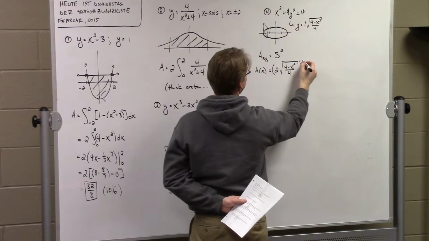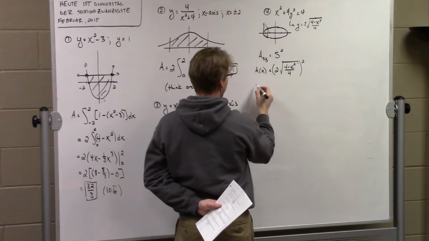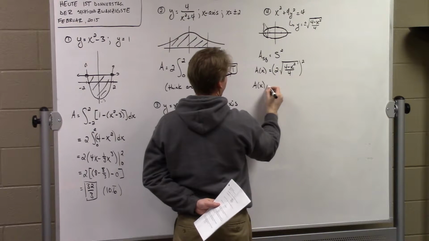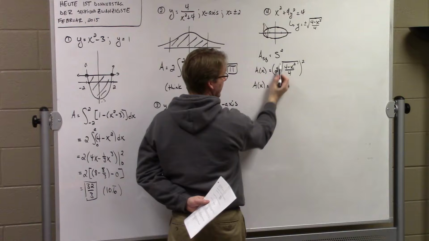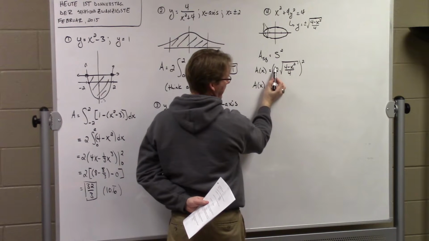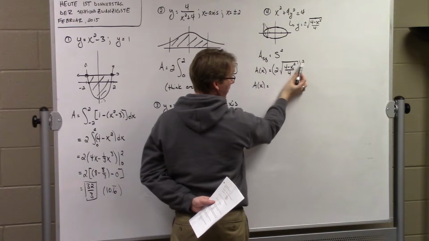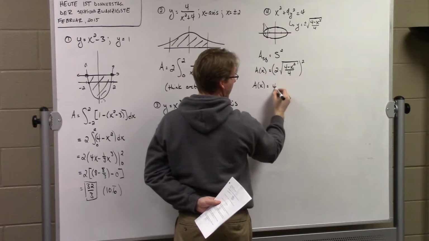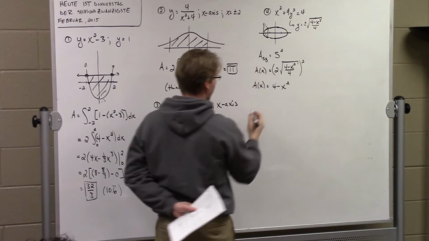So side squared. Now watch what happens if you clean it up. That's going to square and get a 4. The square root gets knocked off, so you have a 4 on top and a 4 on bottom. That cancels. The square root and square knock out, so all you have is 4 minus x squared, if you clean it up, okay? That's easy.